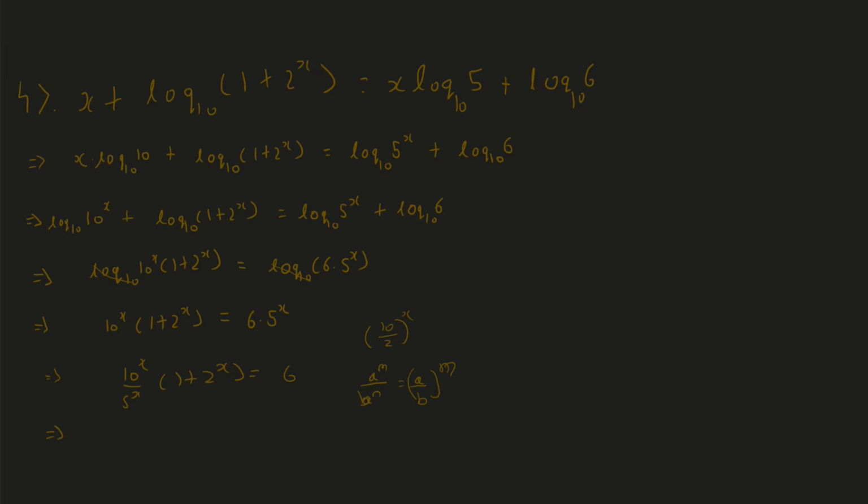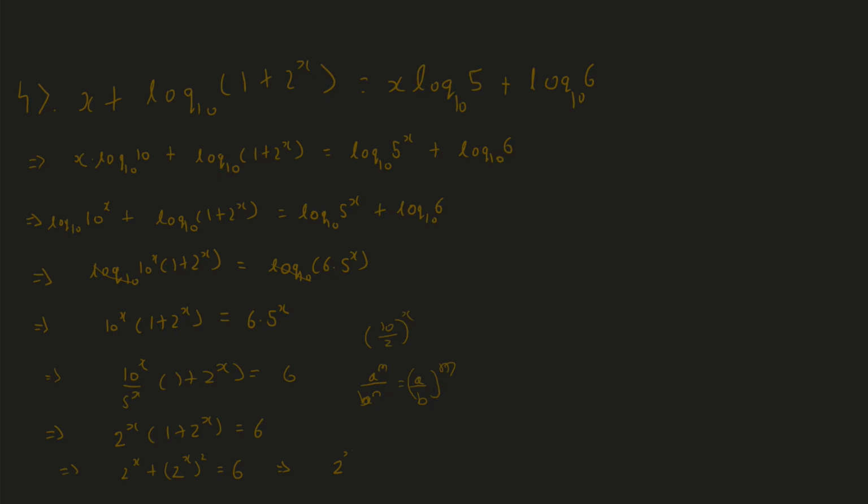So this is going to be 2 raised to x. 2 raised to x times (1 plus 2 raised to x) is equal to 6. Multiplying 2 raised to x into the bracket, we get 2 raised to x plus 2 raised to x multiplied by 2 raised to x, which is 2 raised to x squared, equal to 6.